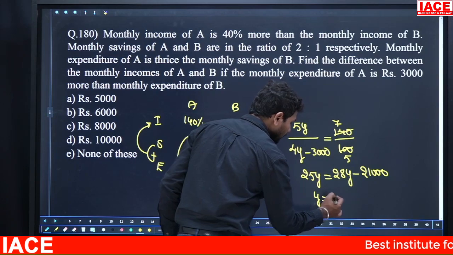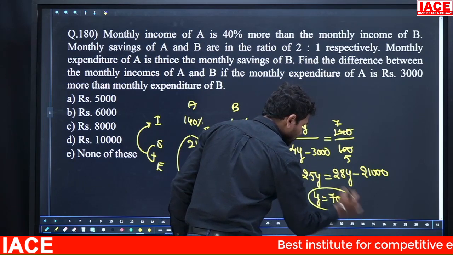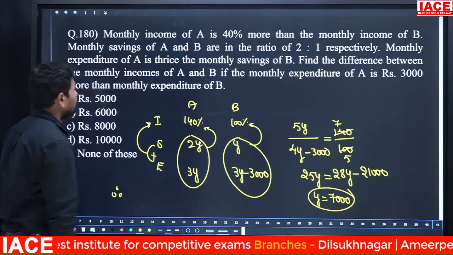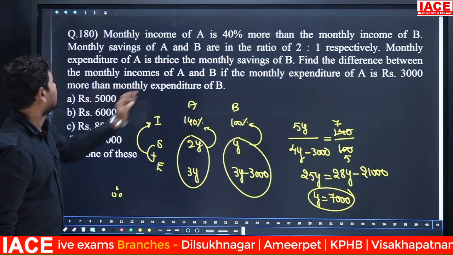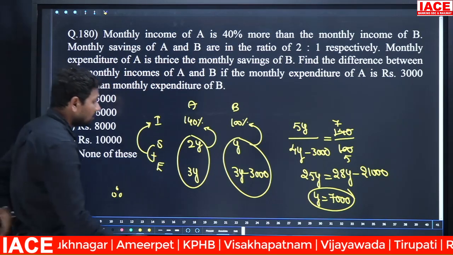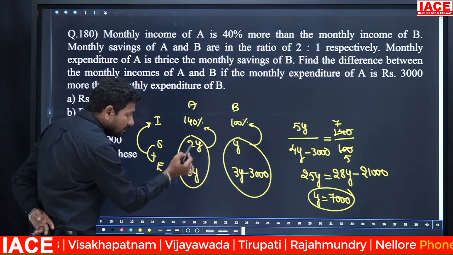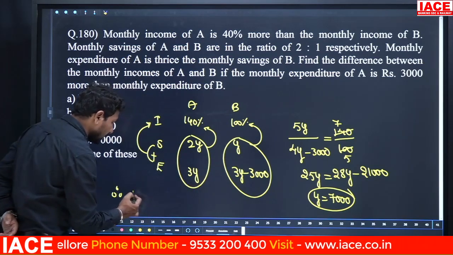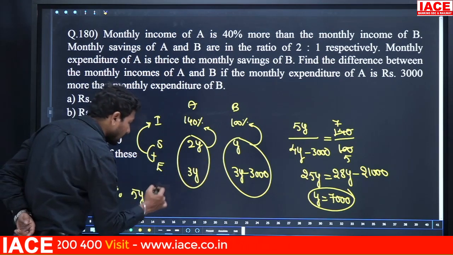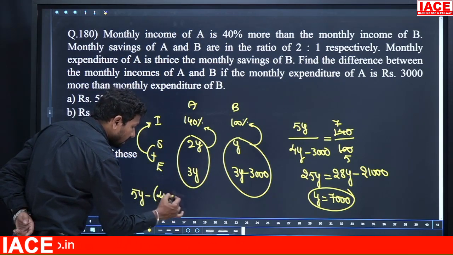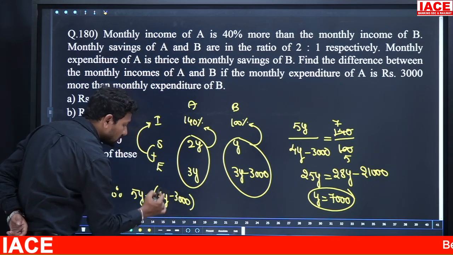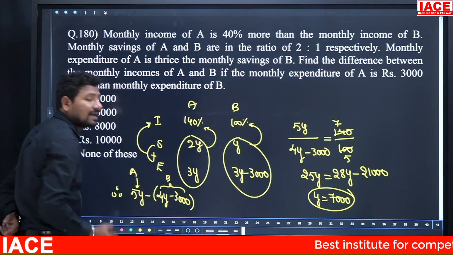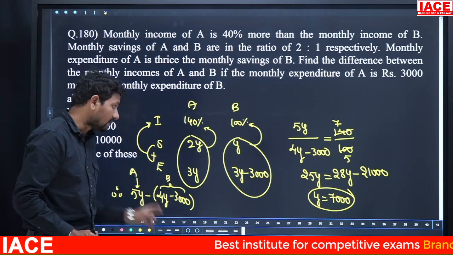Then y is equal to how many thousand? 7,000. The final answer required is the difference between the monthly incomes of A and B. Look at 5y, which is A's income, and 4y minus 3000, which belongs to B's income. 5y minus 4y, with y equal to 7,000.